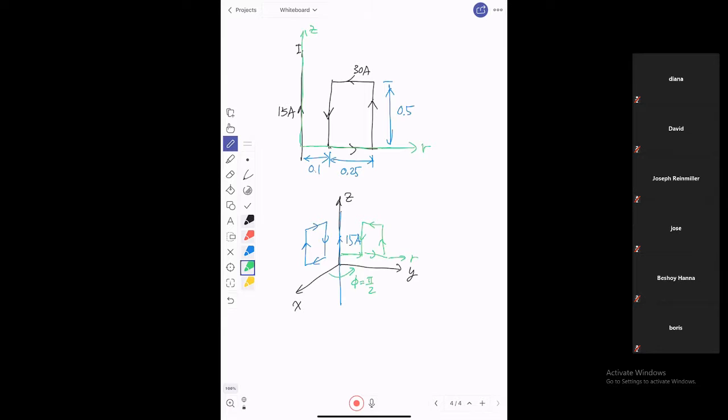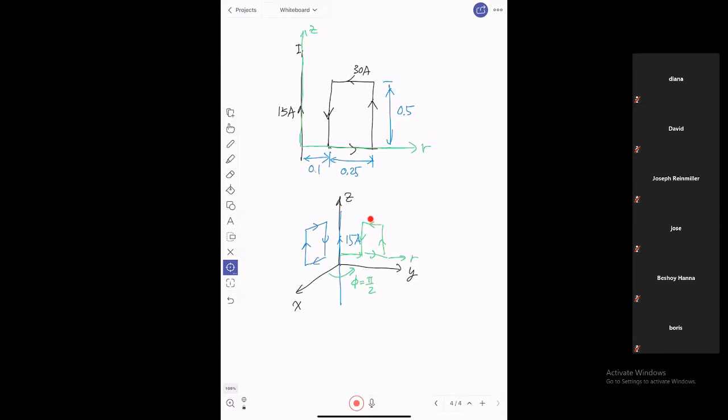If you decide to use X and Z, that's fine, or Y and Z, that's fine. Or I can just use R and Z, and in this case I can assume phi is equal to 0. In other words, now I'm on the XZ plane, or I can be on the YZ plane. It doesn't matter.